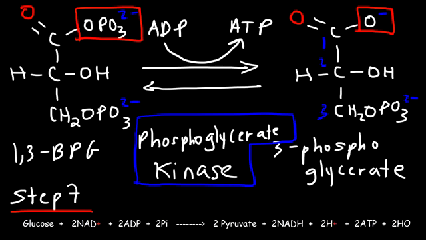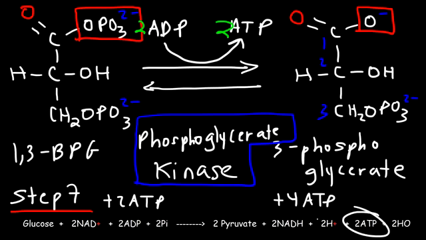Now something I want to focus on is the production of ATP. Remember, we're still in the payoff phase, so everything has to be multiplied by 2. Here we're consuming 2 ADP to make 2 ATP. In the investment phase, we had to put in 2 ATP units. In the payoff phase, we're going to get 4, with a net gain of 2.